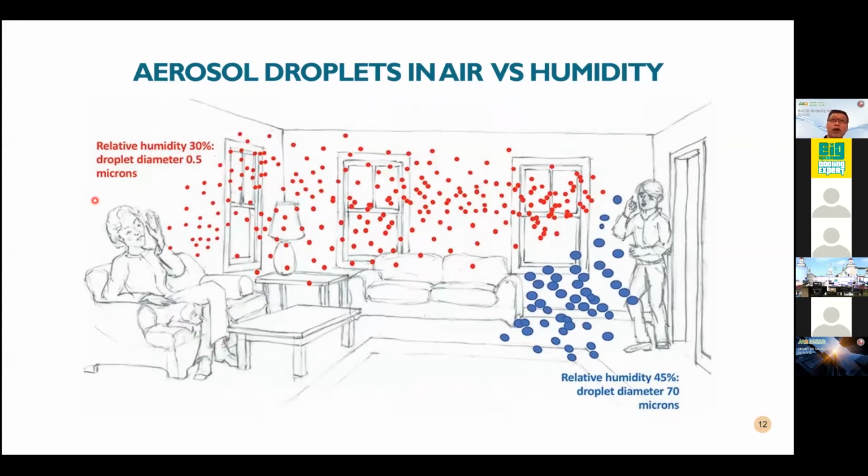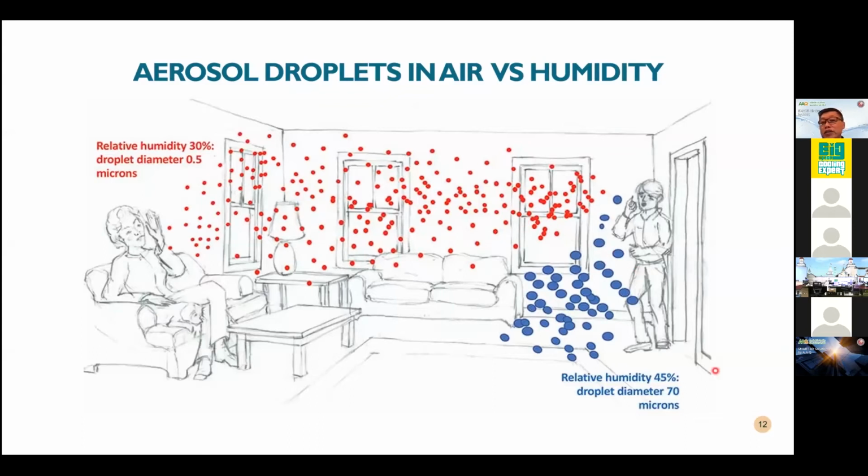They are able to travel further away, maybe 4 meters, 5 meters, 8 meters, I'm not sure. But studies show that it can travel very far because they are very light and submicron. The droplet diameter is at 0.5 micron, which is very, very small. It's very light, it can travel.